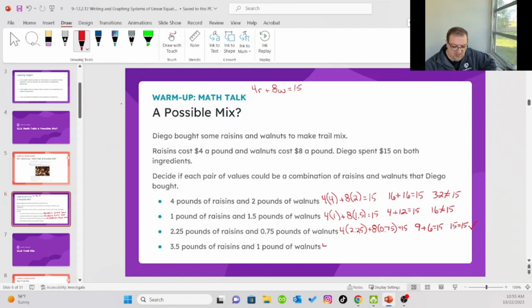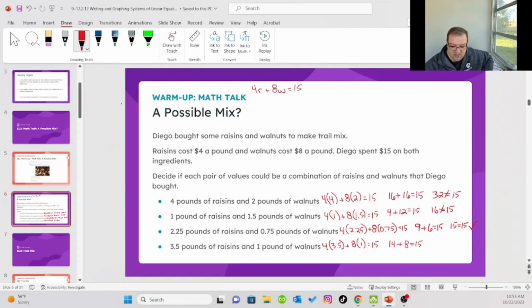And finally, 4 times 3.5 plus 8 times 1. 4 times 3.5 equals 14. 8 times 1 equals 8.